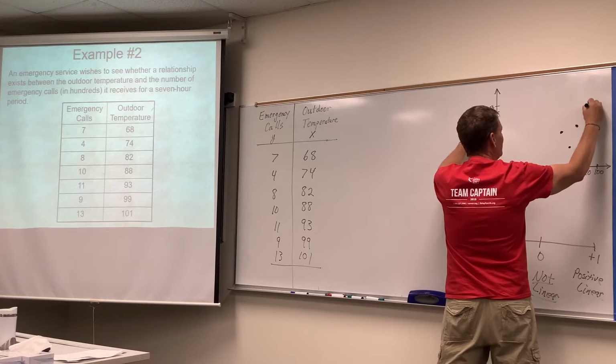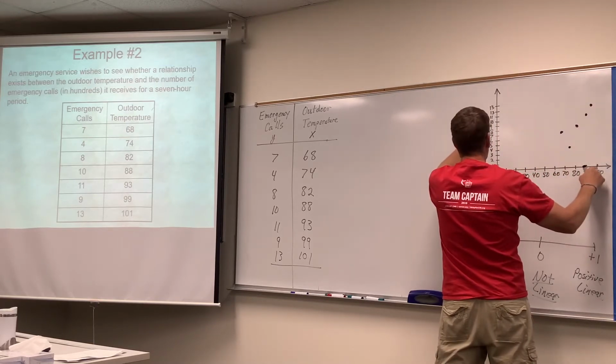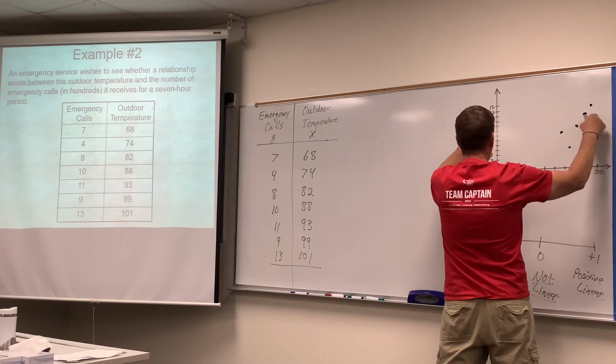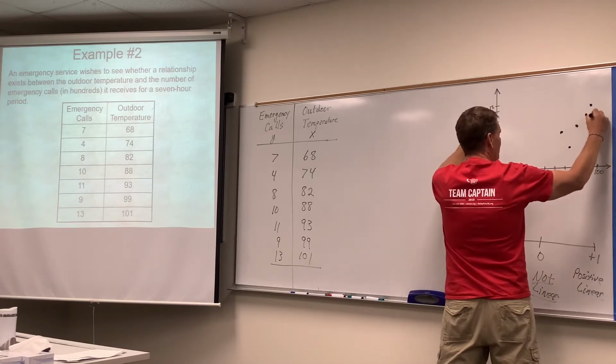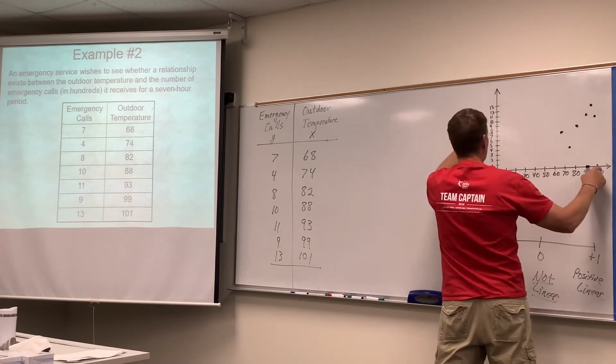It seems to be so far that the general trend is that when the temperature goes up, the number of emergency calls also goes up. And we're not looking for reasons necessarily, we're just seeing if there's a relationship.